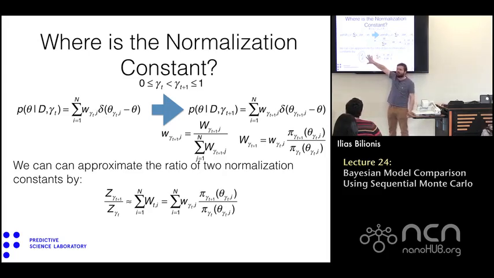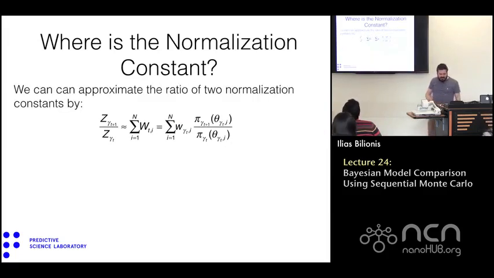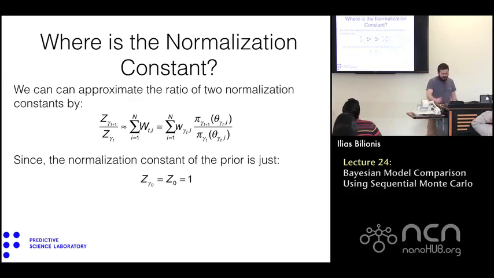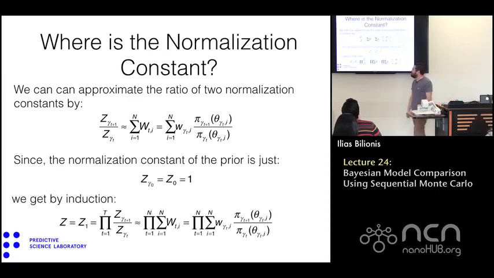It is not very hard to prove, but I'm not going to prove it, okay? So at any given point, you can estimate this ratio. If you can estimate these ratios, then you can estimate the normalization constant of the final step. And it's going to be the product of all the ratios. So this procedure allows you to have this estimate for the normalization constant.